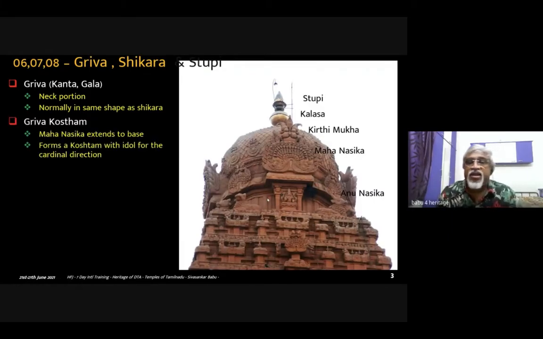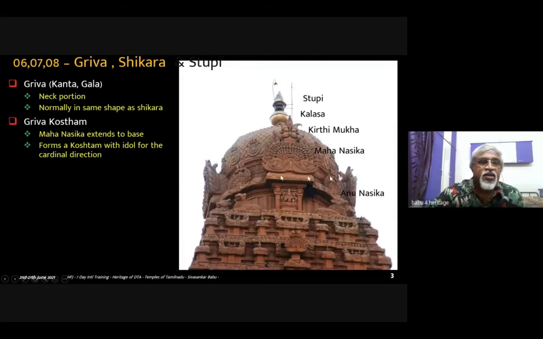The next component is the Griva Koshta. A Koshta is a recessed part, an inlaid place where normally some Alankara or a deity is there. Here, the directional deity for the particular direction will be there. If it is Shiva, in the south side it will be Dakshinamurti, in the north it will be Brahma, like that.